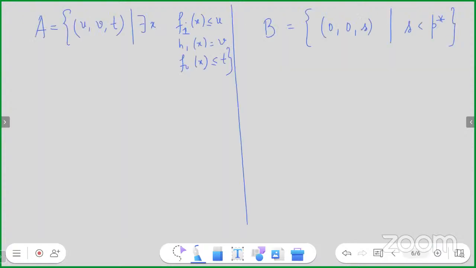These two sets are clearly very important, but the set should be there. That is the minimum value of the x naught.